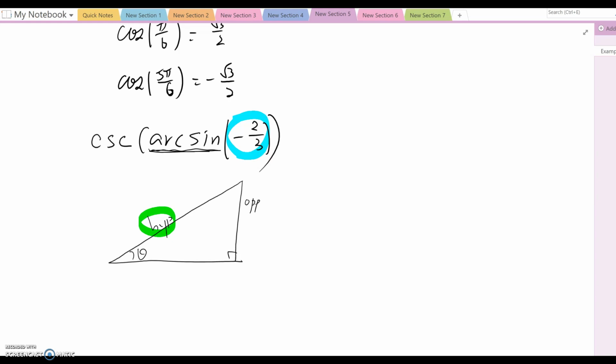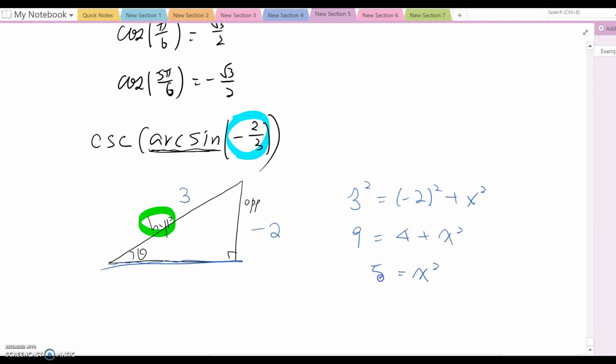Therefore, we can indicate this is negative 2 and this is 3. Okay, then you can use the Pythagorean theorem to find the length of the leg. So 3 squared equal to negative 2 squared plus x squared. So 9 equal to 4 plus x squared, then x squared equal to 5, so x equal to square root of 5. Okay.